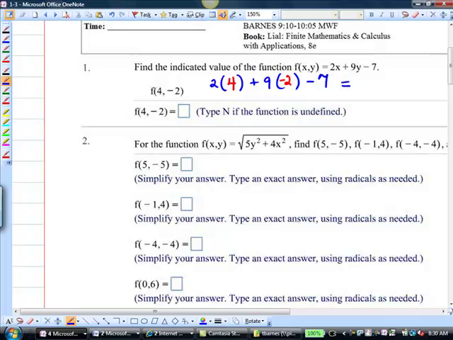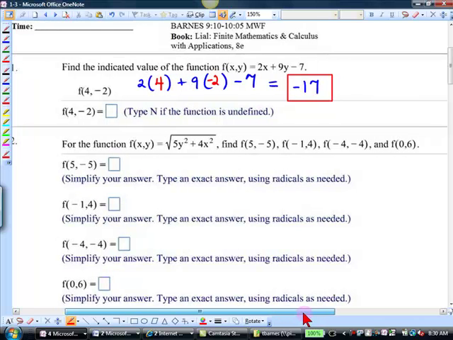And what do we get? Not bad. Just plugging in. Should not be difficult. All right.